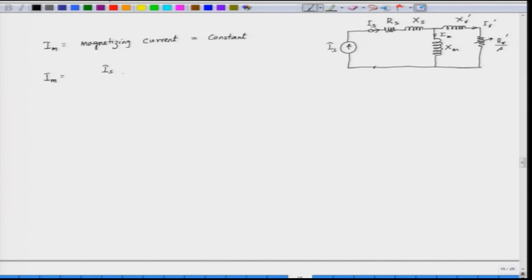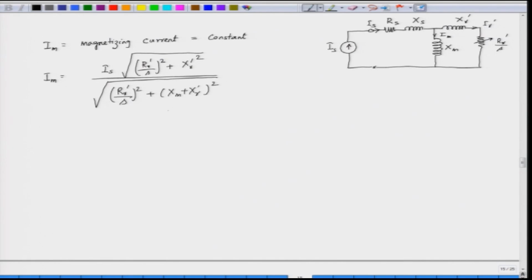Im is Is into under root of (Rr prime by S) whole square plus Xr prime square, divided by under root of (Rr prime by S) whole square plus (Xm plus Xr prime) square.